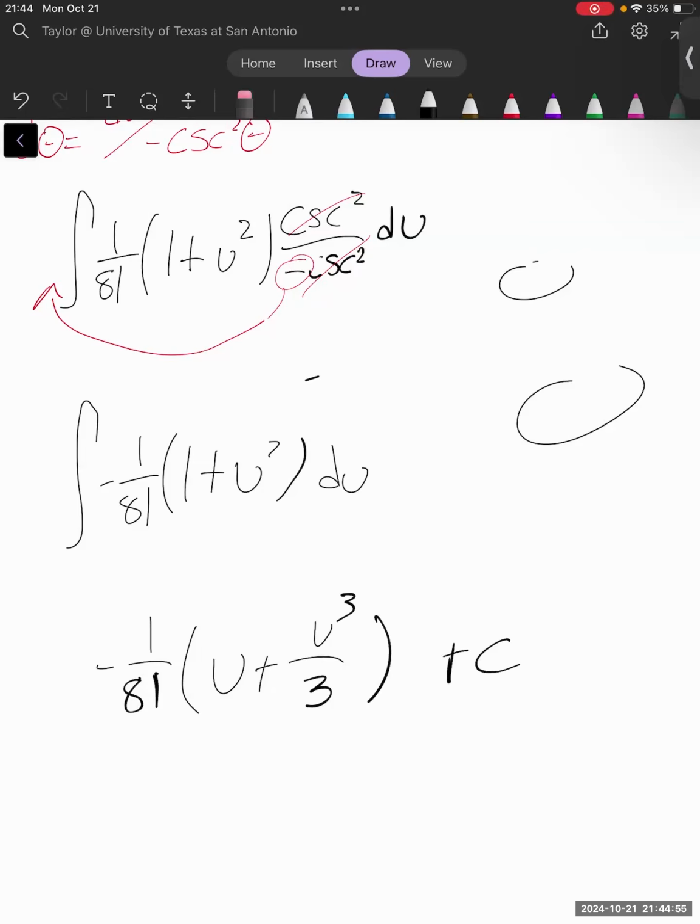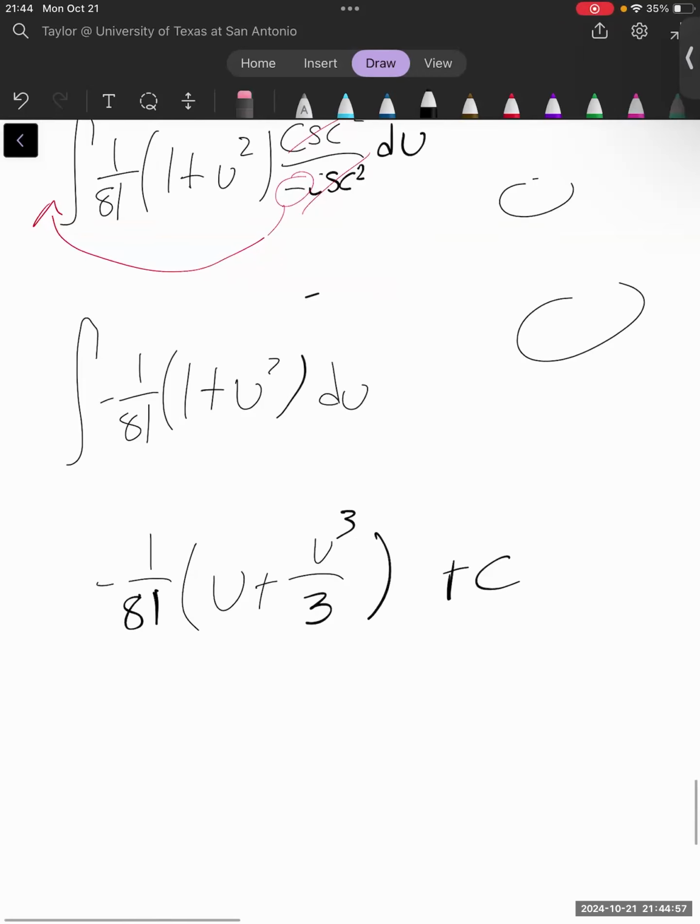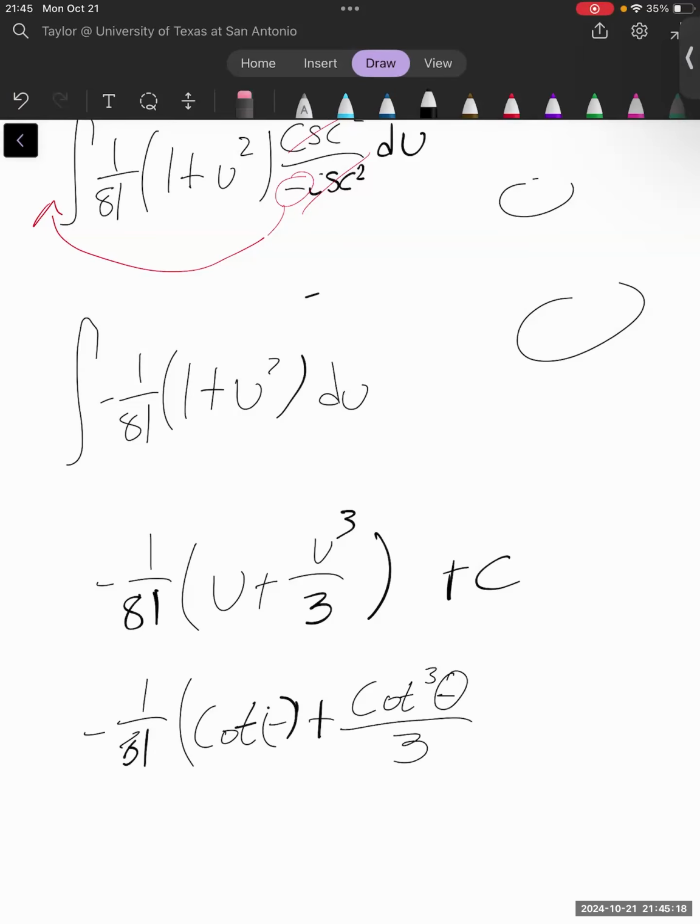Now remember our u term was cotangent, so then I get negative 1 over 81 cotangent theta plus cotangent cubed, not cosine, cotangent cubed theta over 3.